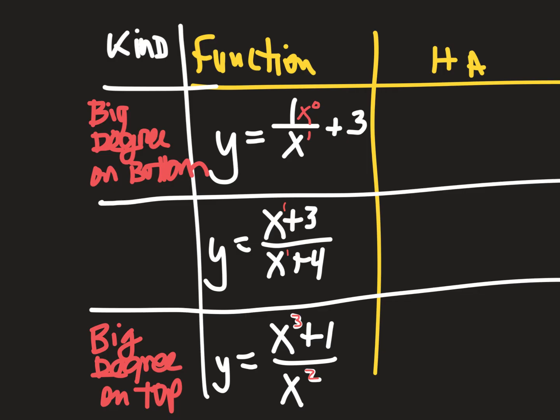And do you get the middle one has the same degree on the top and the bottom? That's the only three ways it could be. It's either bigger on top, or it's bigger on the bottom, or it's the same on both. I'm going to put same degree on both.